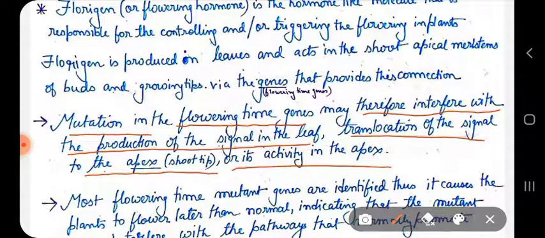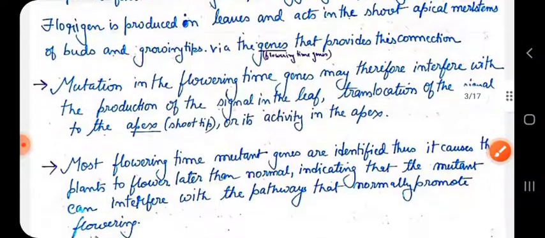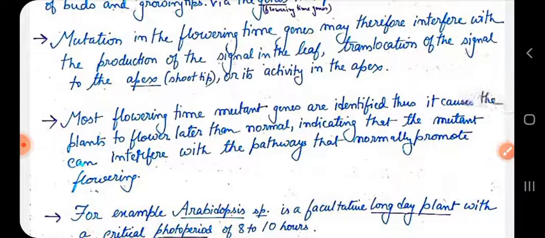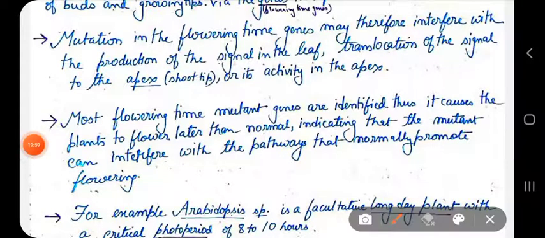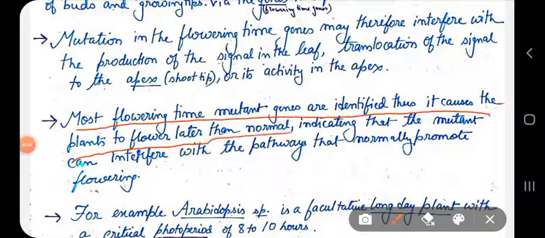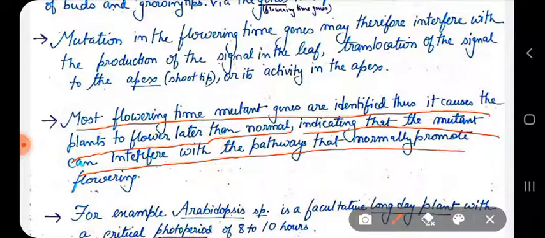So due to the mutation of the flowering time genes, they will not mediate the function, and thus there will be a delay in the flower development. Okay, and most of the flowering time mutant genes identified cause the plant to flower later than normal, indicating that the mutants can interfere with the pathways that normally promote flowering.